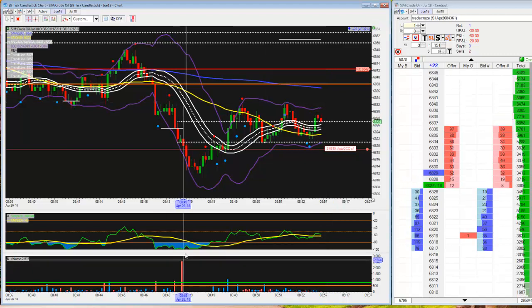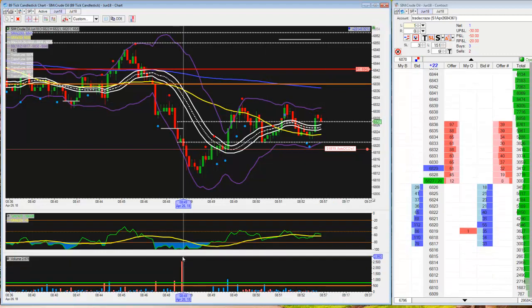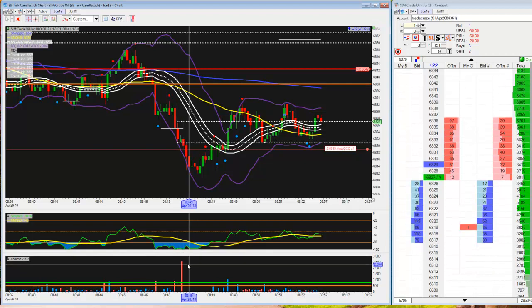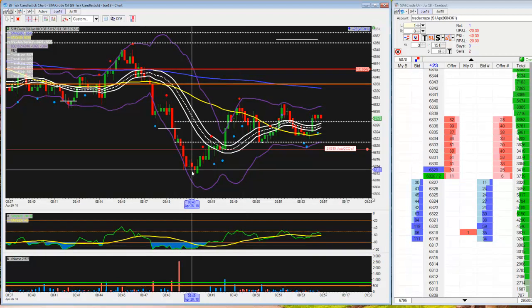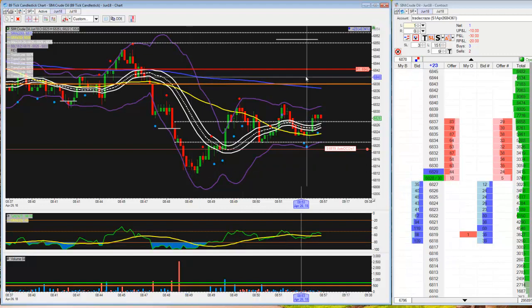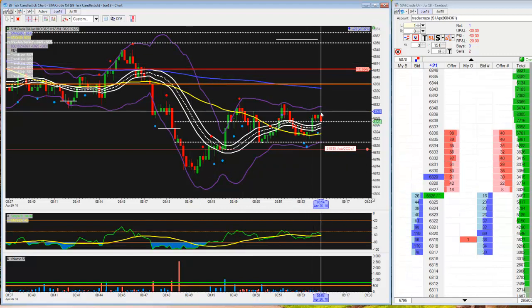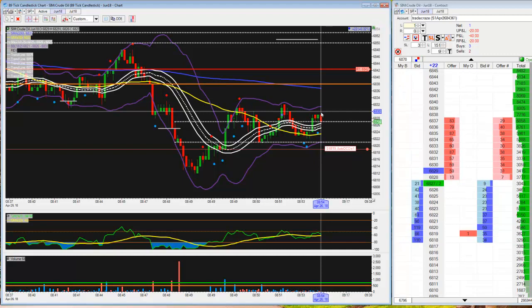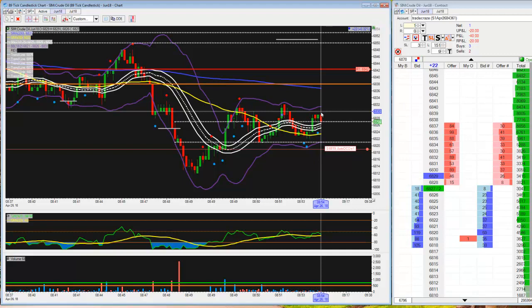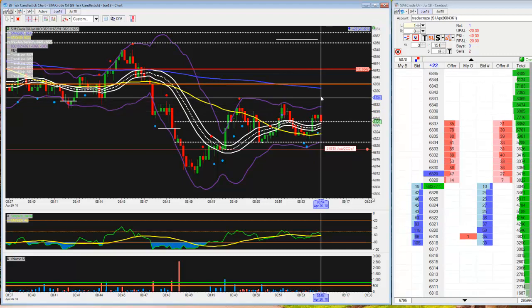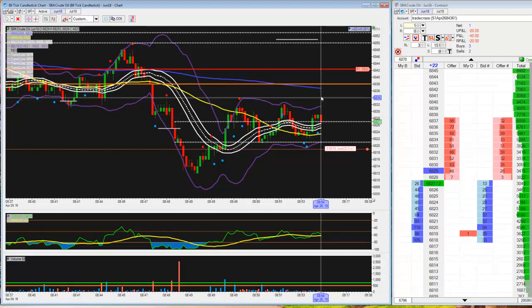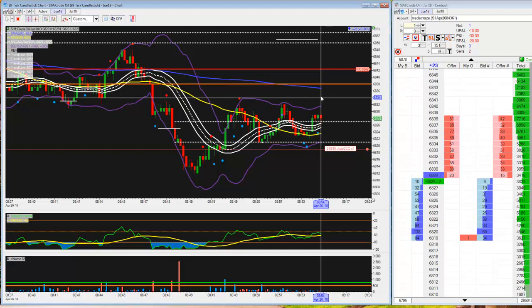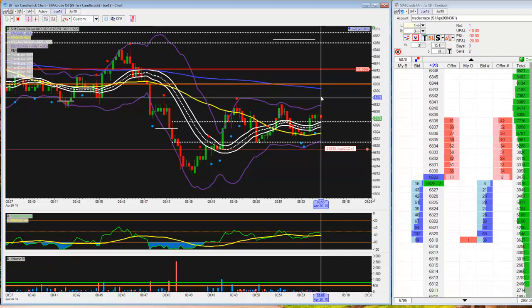Using this volume bar to get long because we're trading above R1, or trading close to R1. We'll see what happens.